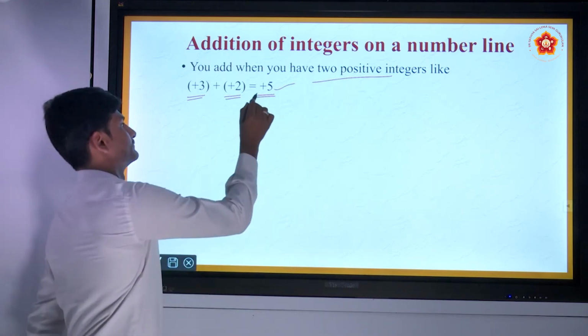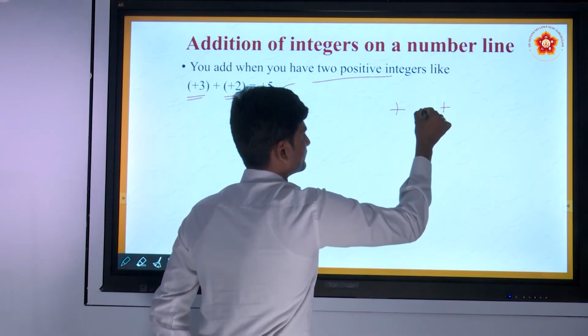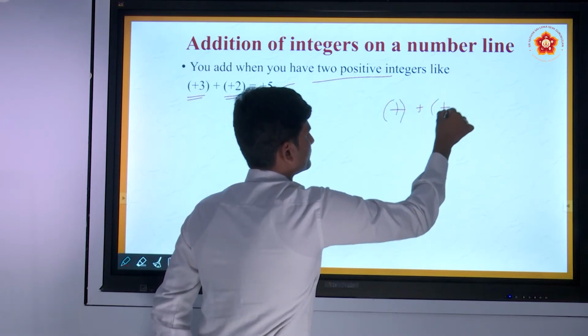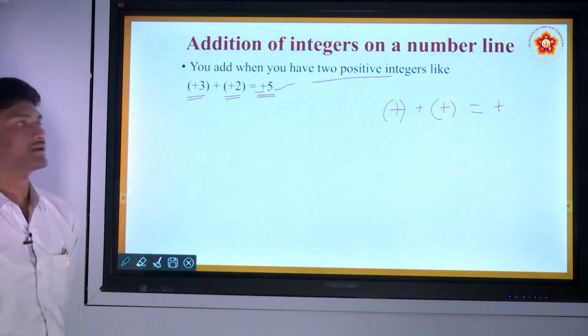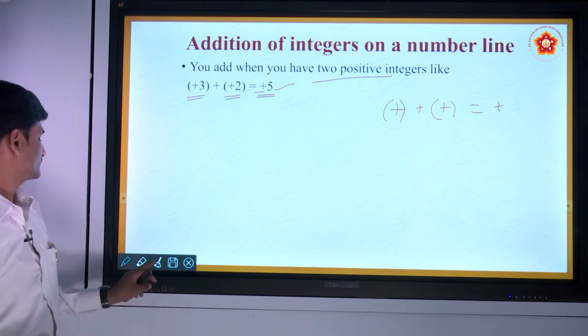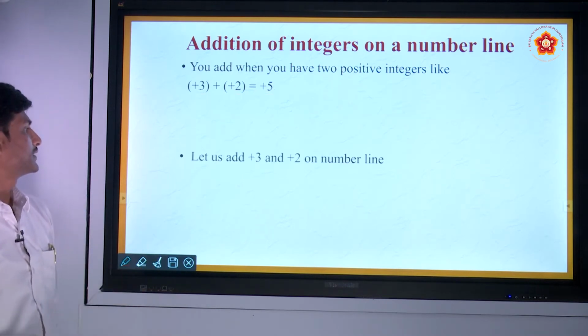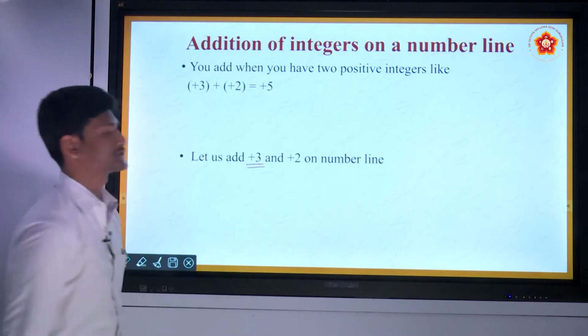The sign is the same. Plus plus is equal to plus, right? The answer will be positive. Then let us add plus 3 and plus 2 on a number line.